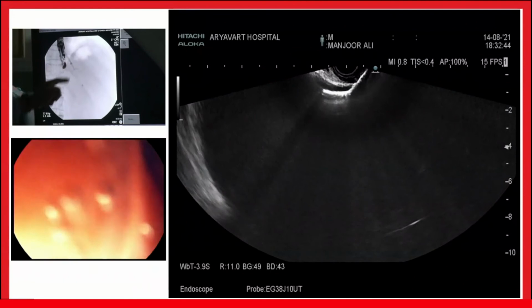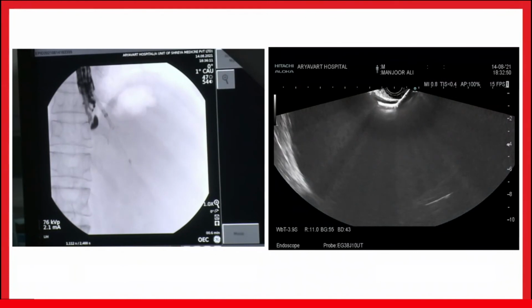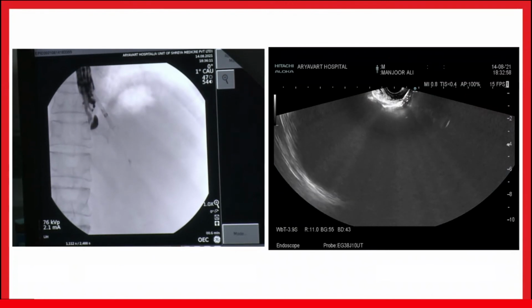Right. So now I think you pull it more, make a dumbbell of it. Okay. Now turn clockwise, body to right. Move the down knob down a little bit and open the second knob.